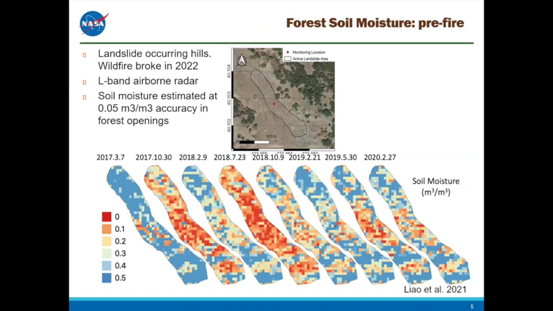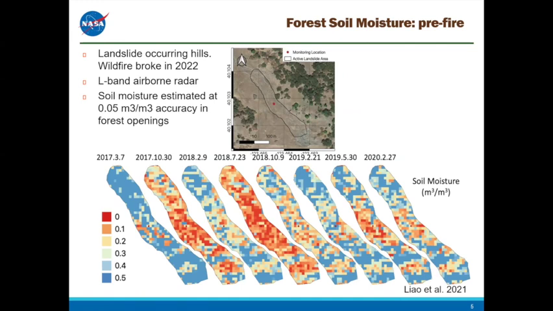So this is a second example. In this case, it's a pre-fire condition. This is the domain, about 300 meters by 300 meters in Northern California, where forest fire occurs quite frequently. We took radar images over a period of 3 years, and this dot is where the station is.